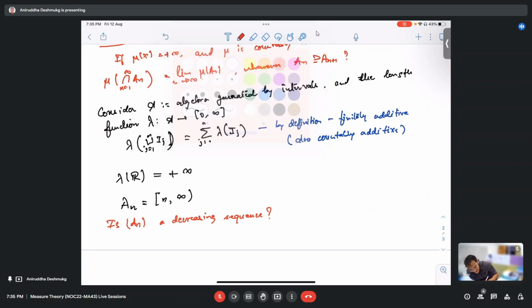That means, can we say that A_n contains A_{n+1}? Yes, it is decreasing, right? It is indeed decreasing. And what is its intersection?